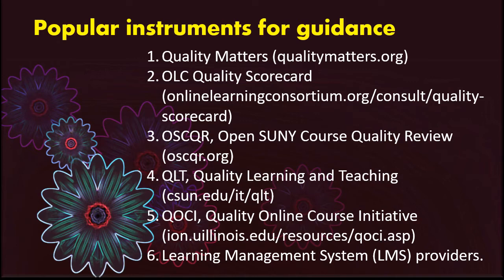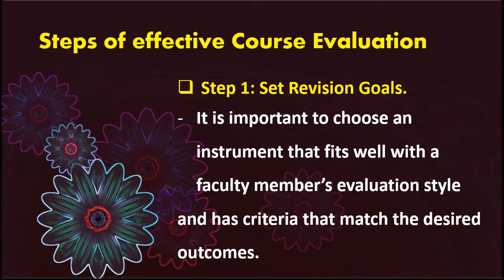At the end, the learning management systems like Moodle and others have their own quality measures and course evaluation forms. It is important to choose an instrument that fits well with the faculty members' evaluation style and has criteria that match the desired outcomes.